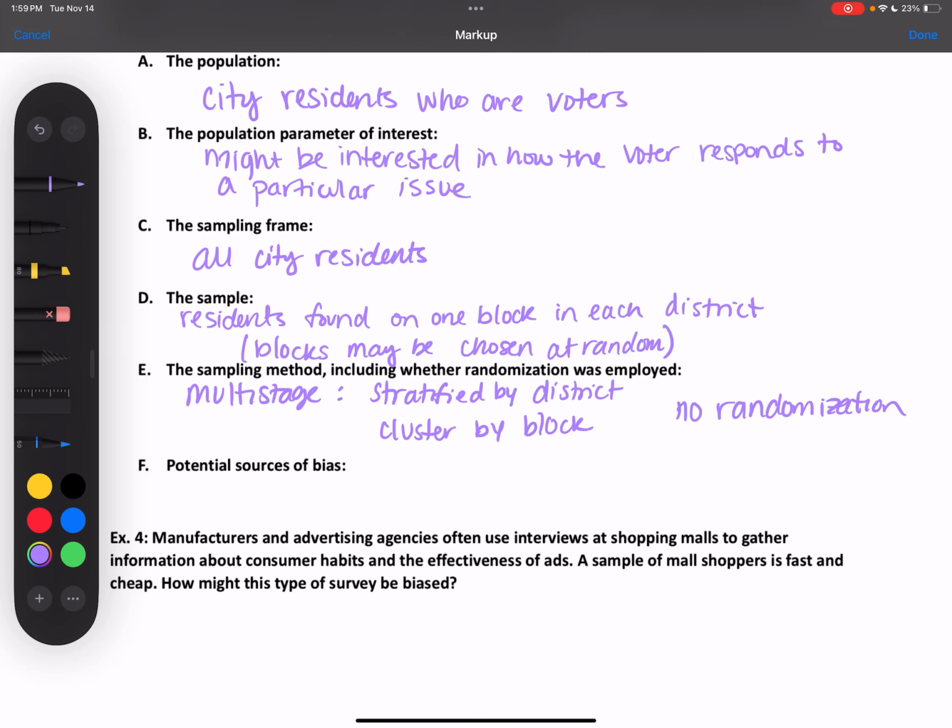So what are some potential sources of bias? Yeah, convenience sample. Response bias? Because I mean, it's the campaign. I have convenience sample, but sometimes there will be other ones.